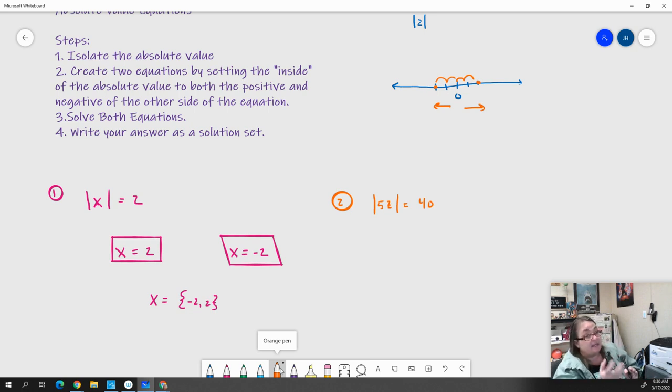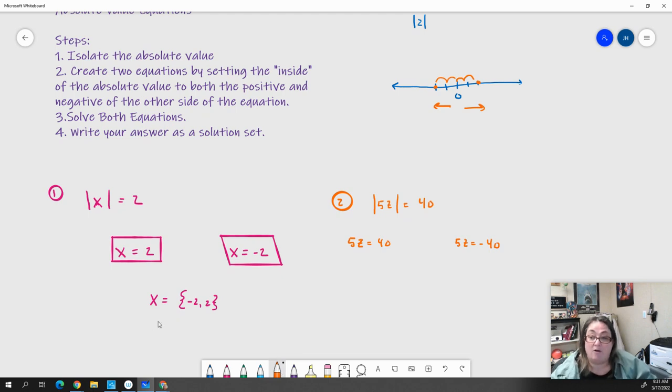There's nothing on the outside being added, subtracted, or multiplied to that absolute value. We're already isolated. So now we can create our two equations by setting the inside of the absolute value to both the positive and negative of the other side. We're creating two equations. One will be 5z equals 40, and the other one will be 5z equals negative 40.